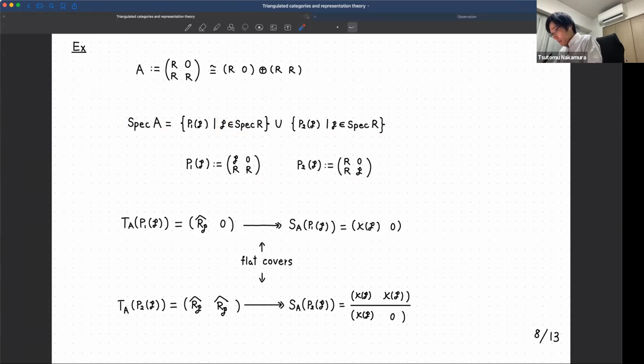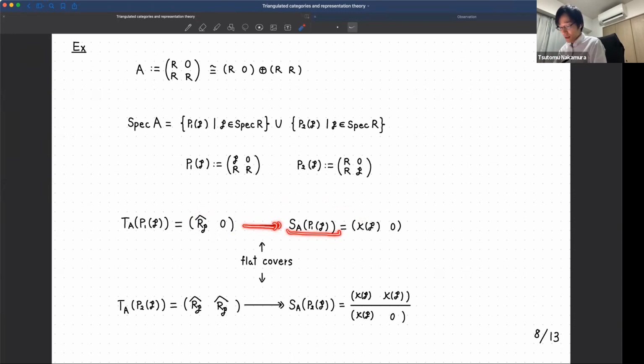And the indecomposable flat cotorsion module corresponding to P1 is given by this. So this module is the P-adic completion of the localized one, R_P. And here we have a canonical map from here to the residue field. And in fact, it induces a flat cover.